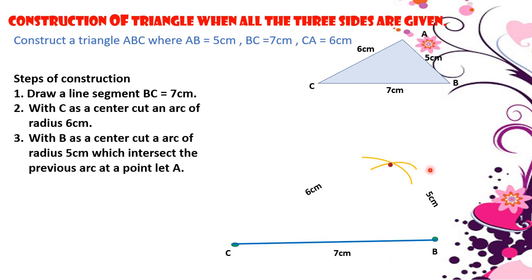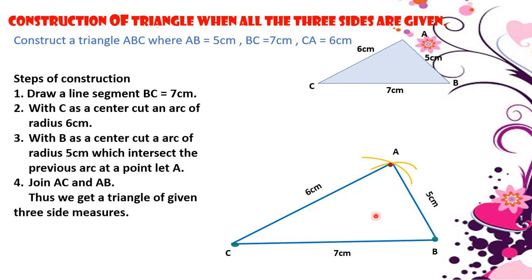Let the name of this point be the third vertex A. Then we have to join this intersection point A to point C as well as point B. So now we get the triangle of the given three side measurements. In this way we construct the triangle when the three sides are given.